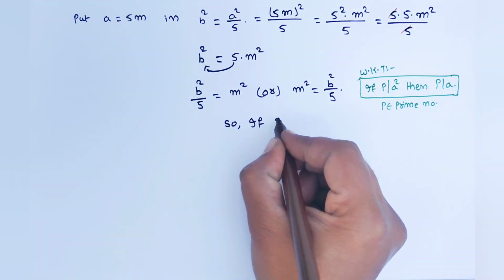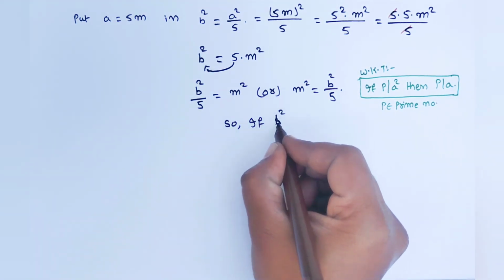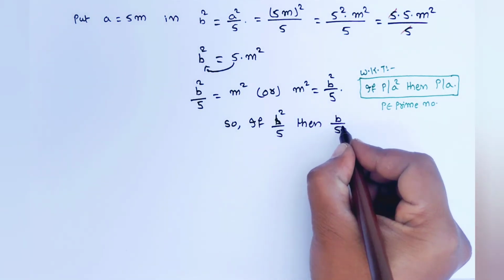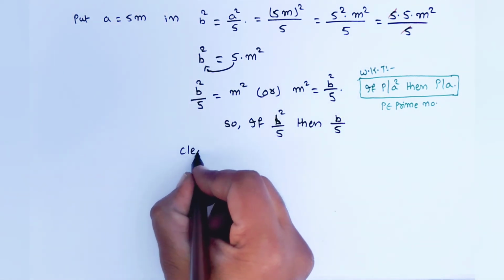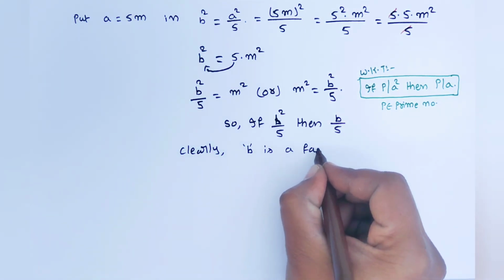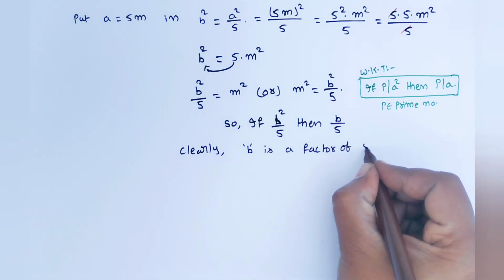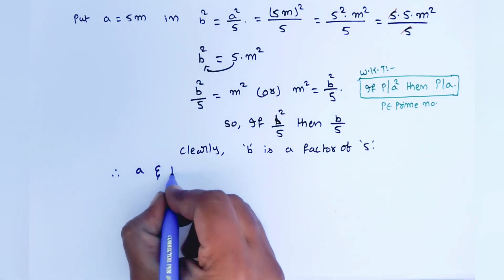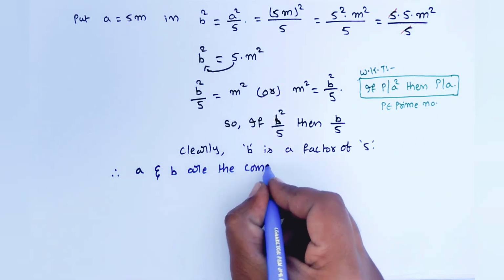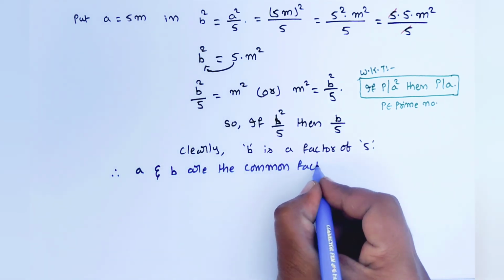Clearly here, if 5 divides b square, then 5 divides b. Clearly b is a multiple of 5. So therefore both a and b have the common factor 5.